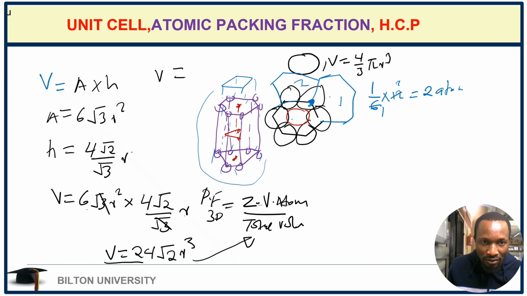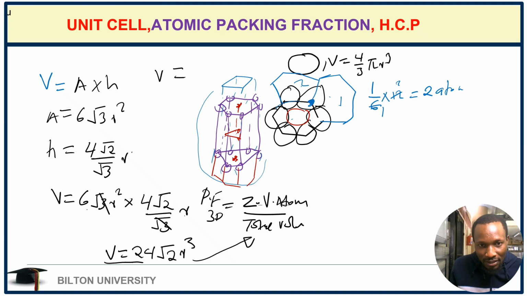Now let's look at these atoms in red. So you have 1, 2. Okay, how many are they? Because now if we are to put another layer of this atom beneath it, we are going to have this one center atom being shared by another layer of H.C.P that is below this one. So I'll assume that it is this one in red.